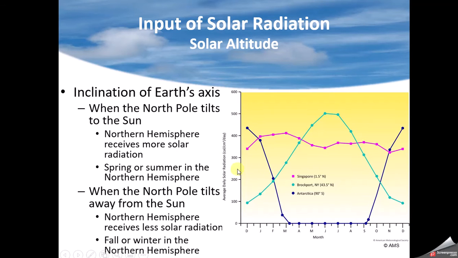And with that in mind, you can see how temperatures fluctuate. Singapore, very close to the equator, not much change over the year. New York, further north, 43.5 degrees north. Pretty strong influence of the sun here. And if you were at the Antarctica, sun doesn't shine there for 6 months of the year. So you can see where that happened.